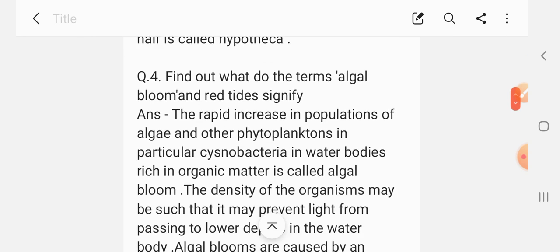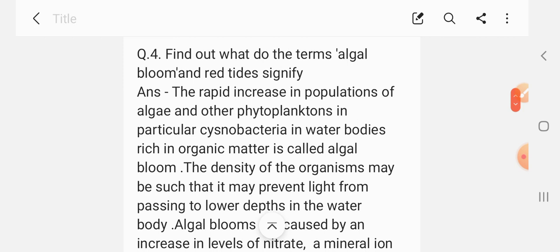Question number 4. Find out what the terms algal bloom and red tides signify. Answer: The rapid increase in populations of algae and other phytoplanktons, in particular cyanobacteria, in water bodies rich in organic matter is called algal bloom. The density of the organisms may be such that it prevents light from passing to lower depths in the water body.